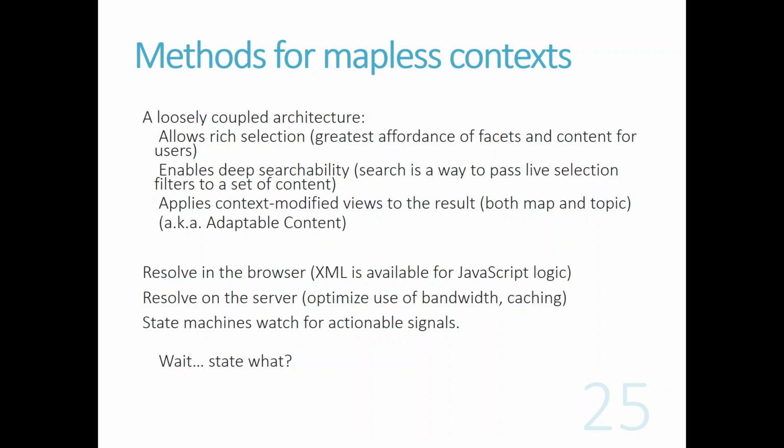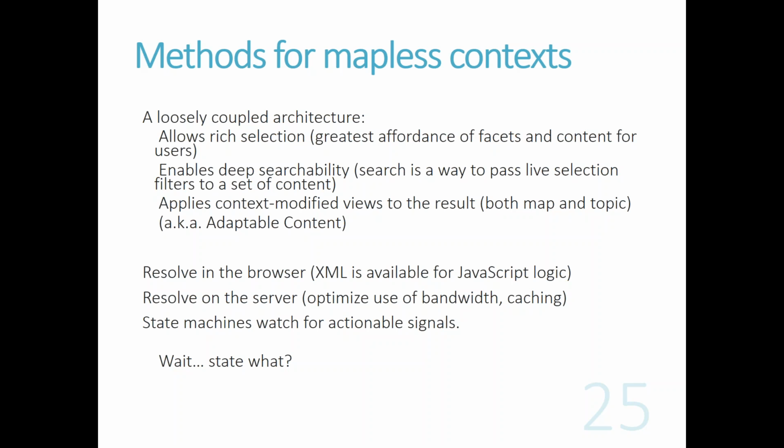It allows you to alternatively resolve the content on the server, where the reason for doing it that way would be to optimize your bandwidth and the ability to cache the content between views that are of the same kind, which you wouldn't be able to do if you were resolving the content in the browser. Either way, you're retrieving a single topic and then rendering it for presentation to a particular user's requirements.